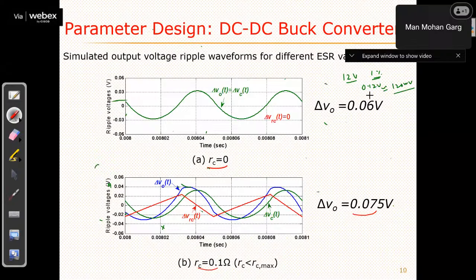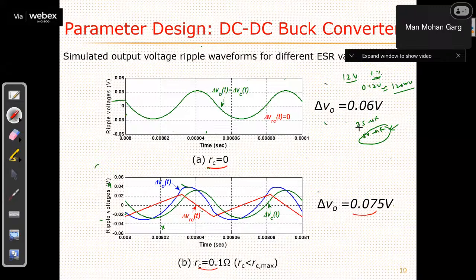Now, in case of ideal capacitor, we need 25 microfarad, right? But in case of practical, we used 50 microfarad. So all these things are being discussed with a capacitor of 50 microfarad.